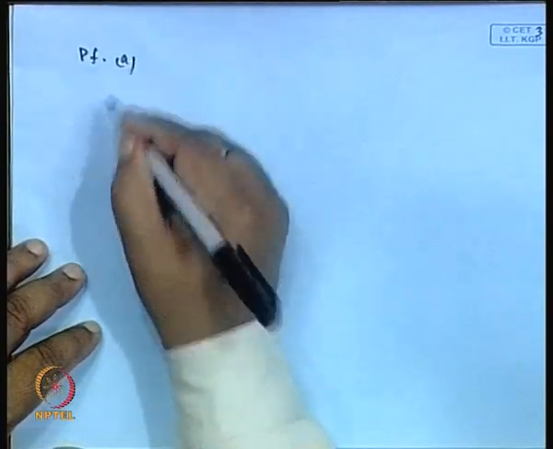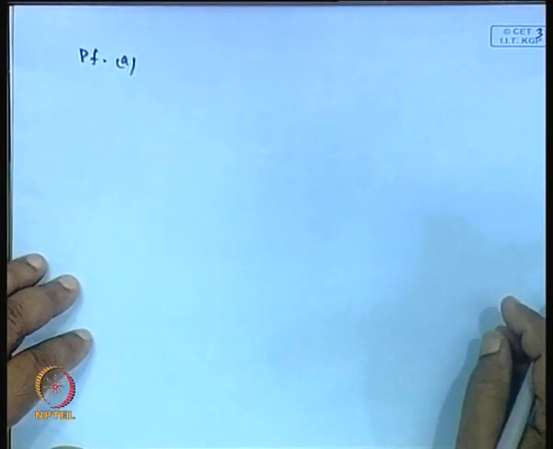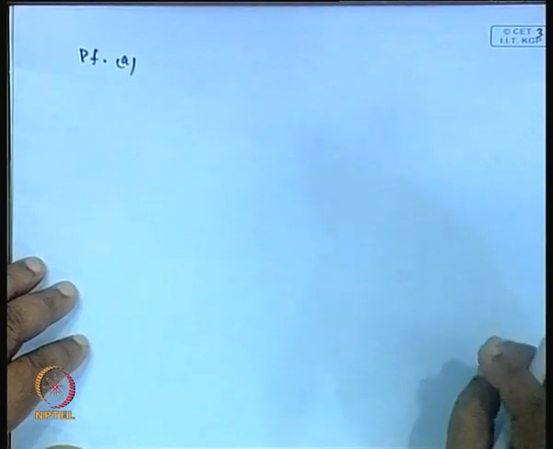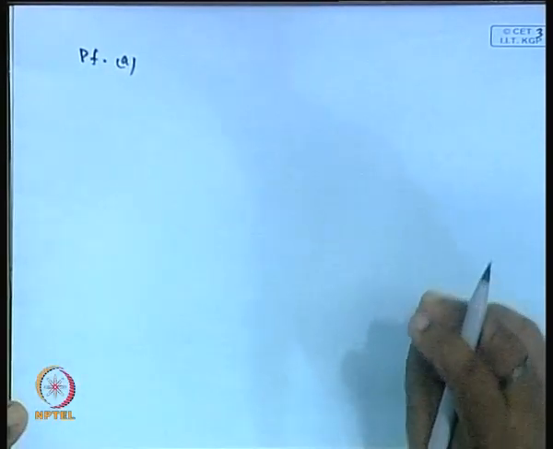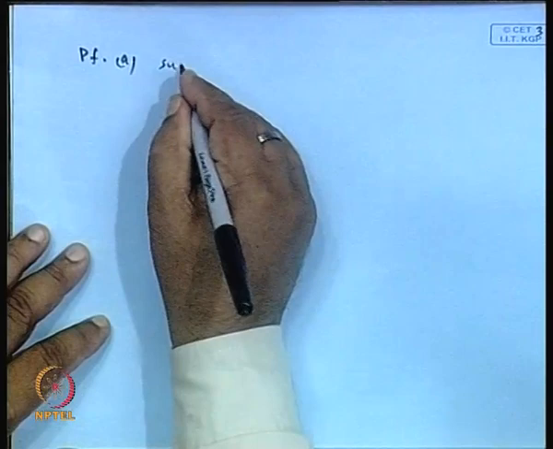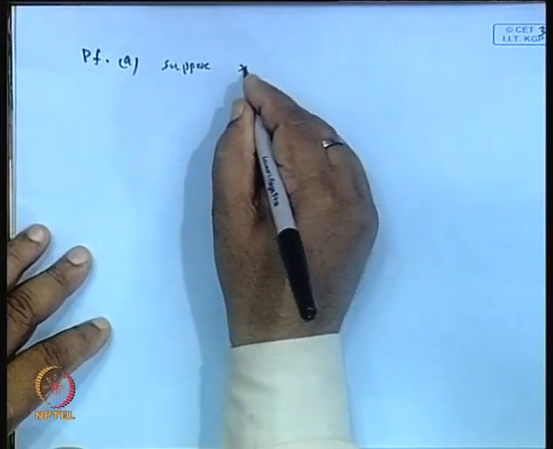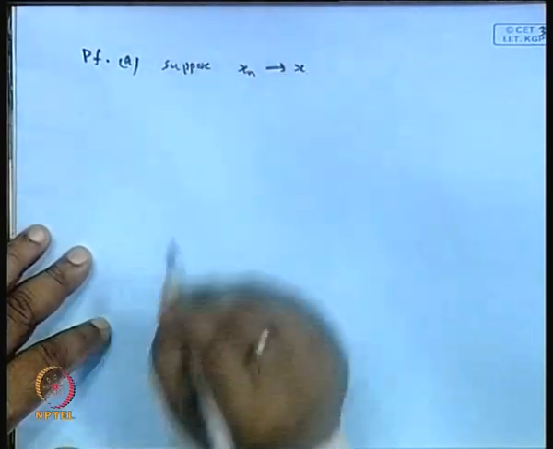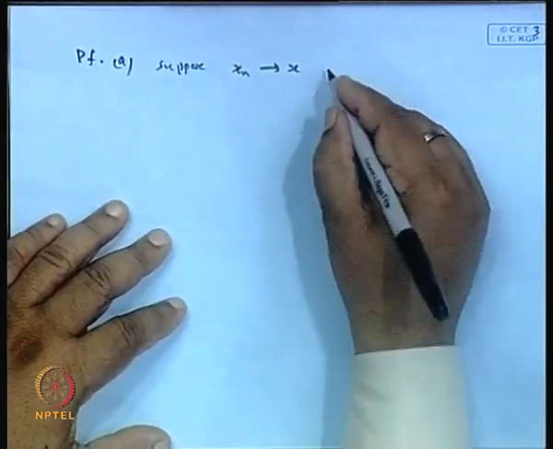Part A: what is given is a convergent sequence. We want to show the convergent sequence is bounded. So, suppose the sequence x_n converges to x. This is given.